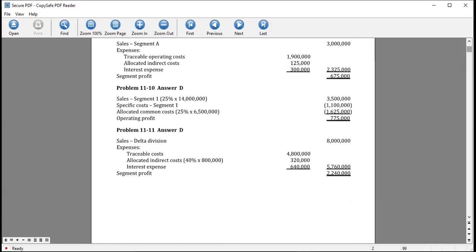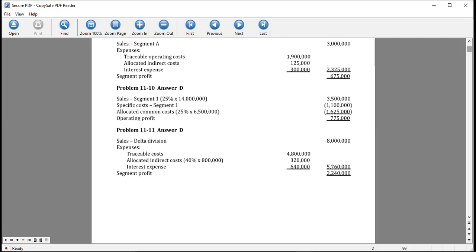In 11 dash 10, the answer is sales of segment 1 is 25% of 14 million. Now we are answering 11D. There are 5 segments, and the contribution to total sales and the cost. Eagle Company operates in several different industries. Total sales for the entity totaled 14 million a year. In total, common costs amounted to 6.5 million for the current year.